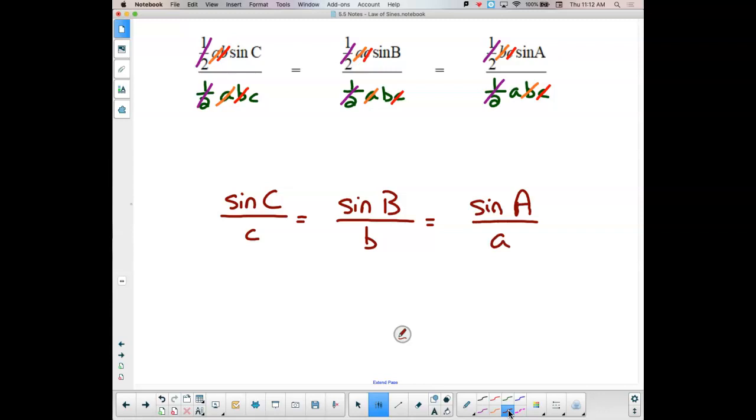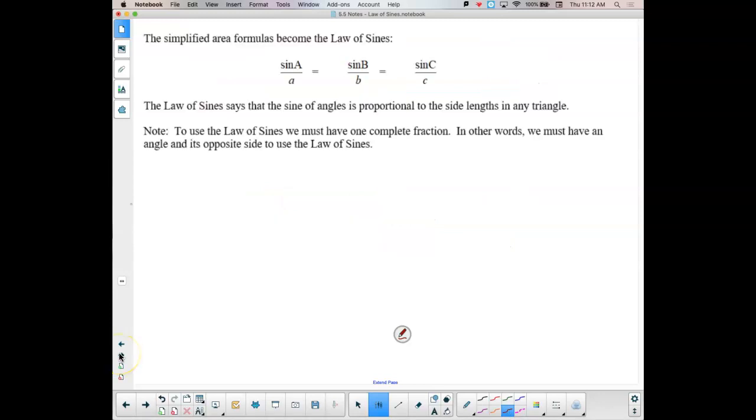Now, at the bottom of your pink sheet is the simplified version of the law of sines, but it also has a very important note.